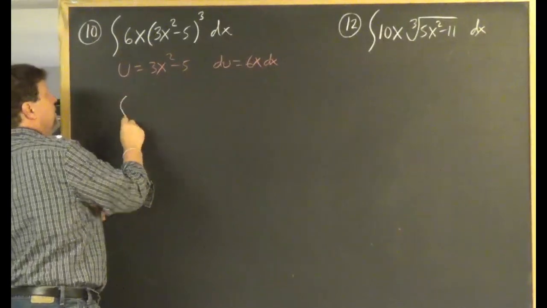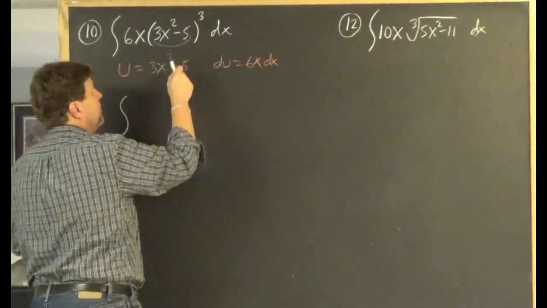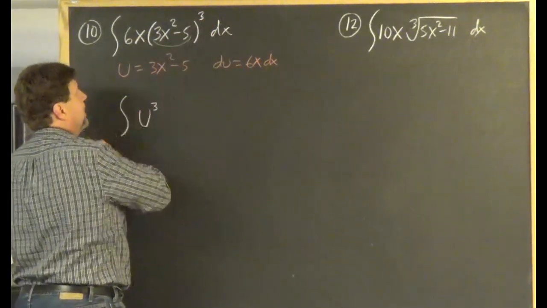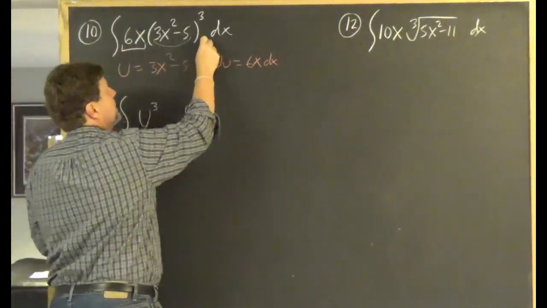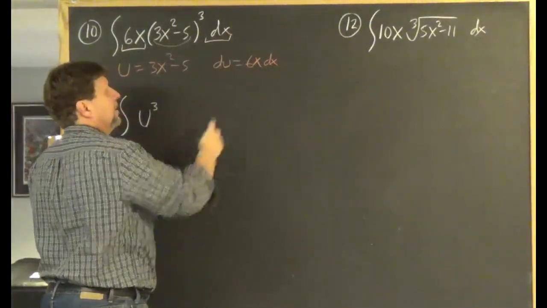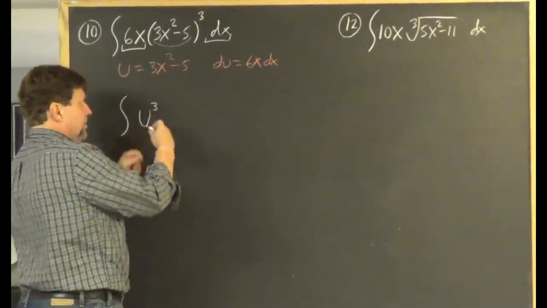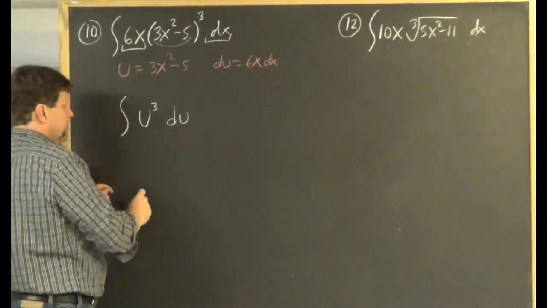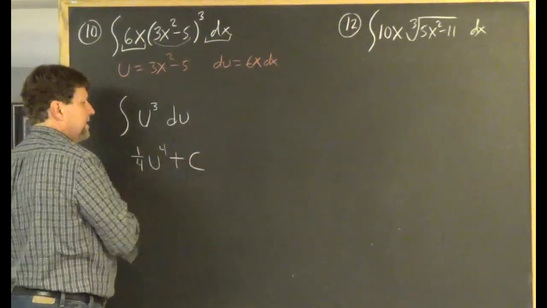Then I substitute in. I always do my u sub first. So here's u. So I have u to the 3rd power. And then what do I have left? Well, I still have a 6x dx. Well, 6x dx is exactly equal to du, so I substitute the du in. Get my antiderivative, 1/4 u to the 4th plus c.